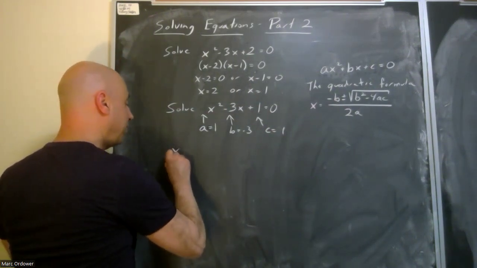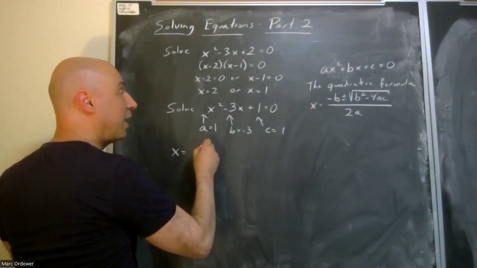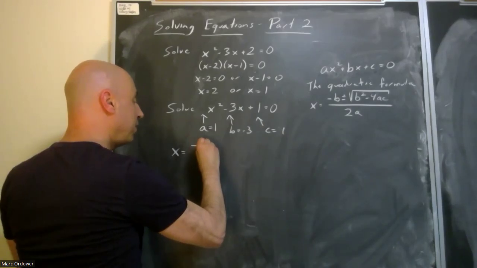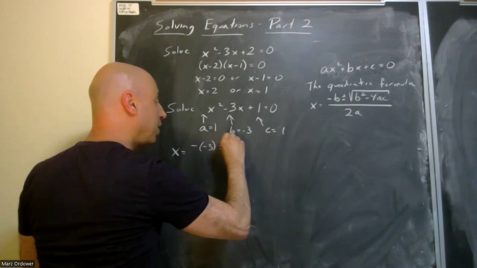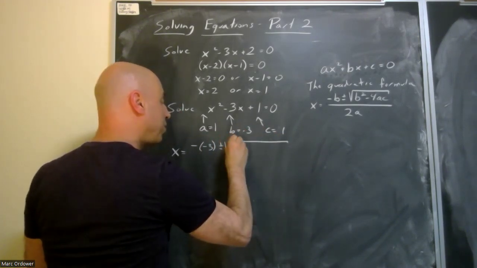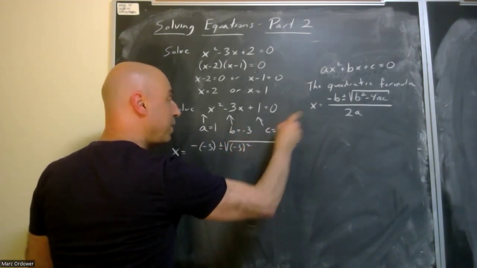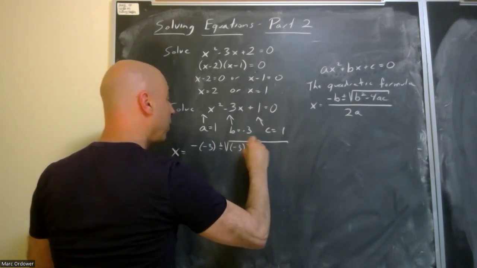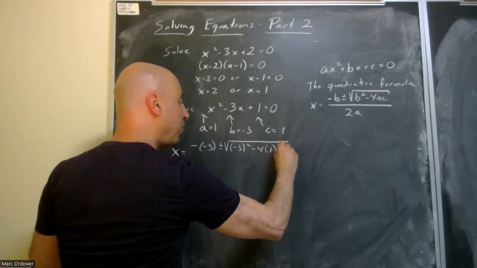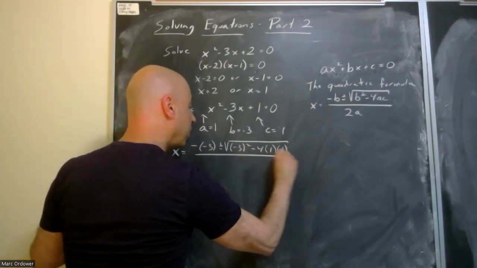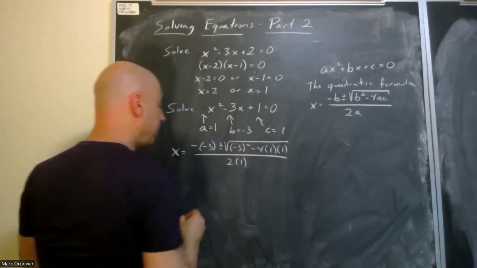So x is going to equal negative b, so -3, plus or minus the square root of -3 squared, again, b squared, minus 4 times a, which is 1, times c, which is 1, all over 2 times 1.